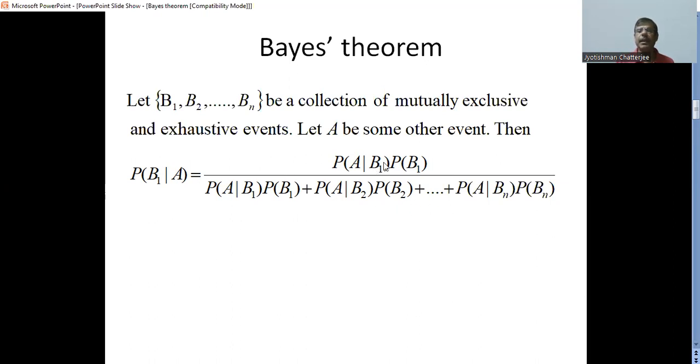First term is same as the numerator, plus whatever the first term, replace B1 with B2 and so on. And that way you get n many terms. That's what gives you the denominator. And the denominator comes from the law of total probability. Once you understand the way it's written, it's actually very easy. The expression as such looks frightening, but actually it's not.